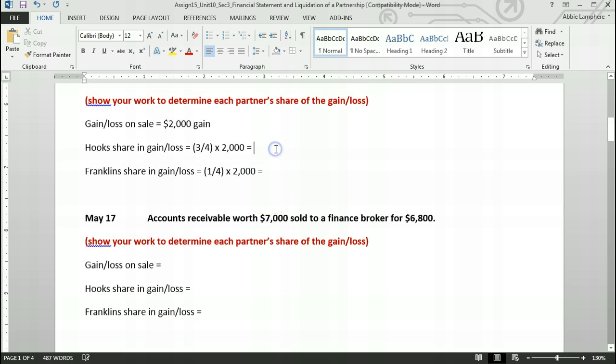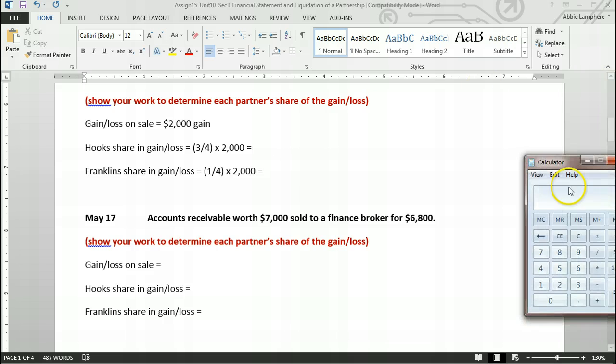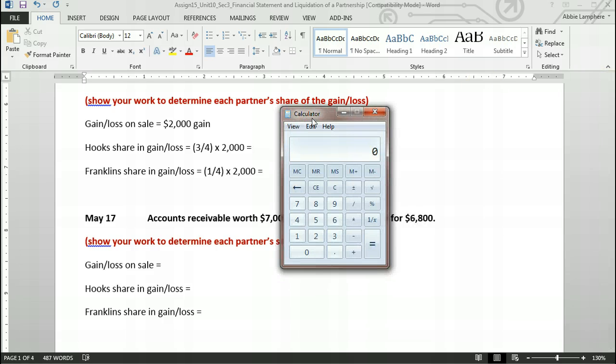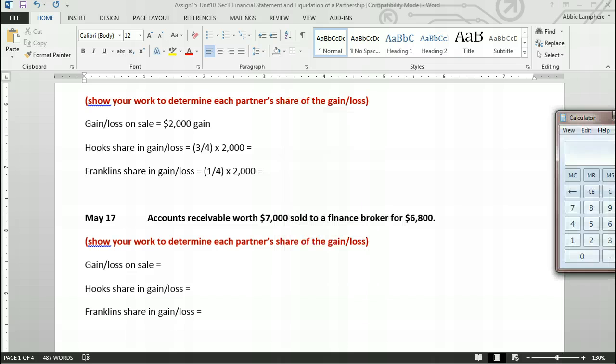Let's go ahead and calculate that real quick. We have 3 divided by 4 equals 0.75. Take that times 2,000. So 0.75 times 2,000 gives us $1,500.